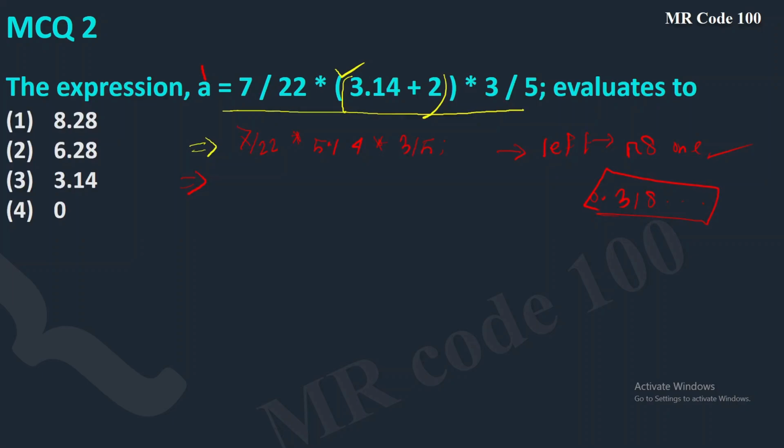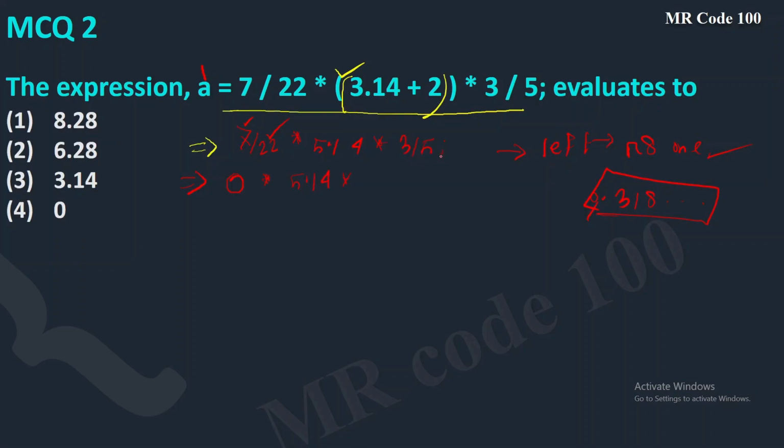Is it? No. So here the question arises. The answer is, as 7 is an integer, 22 is also an integer, the value we should write here should also be an integer. So it will be 0. Got it? Then again, multiplied by 5.14 into 3 by 5.